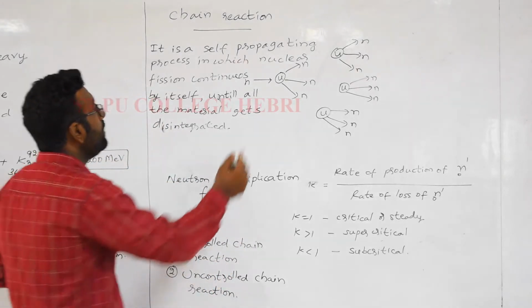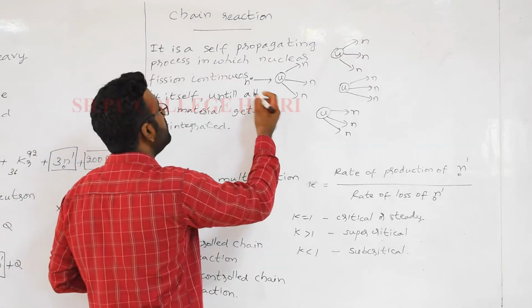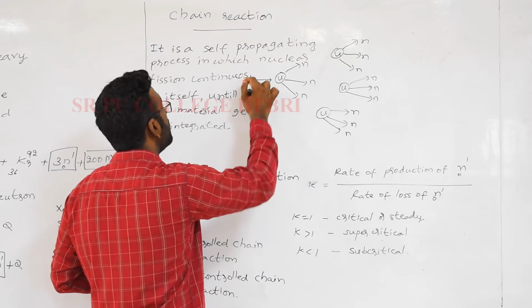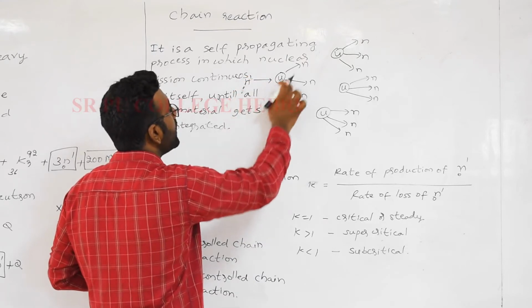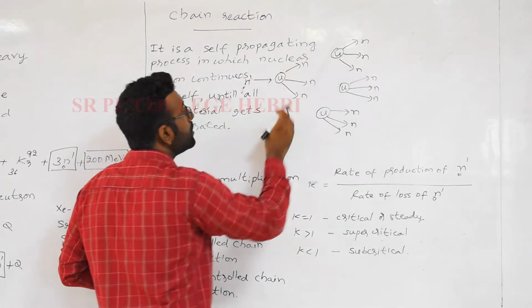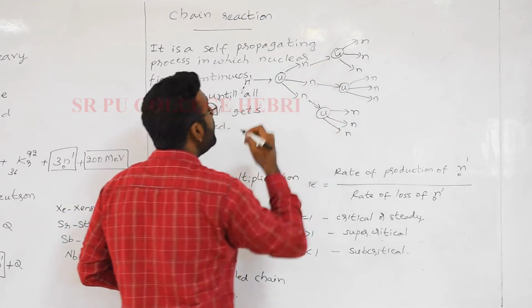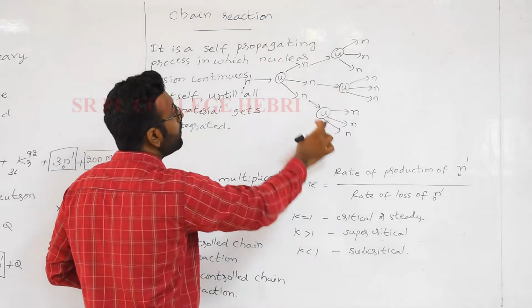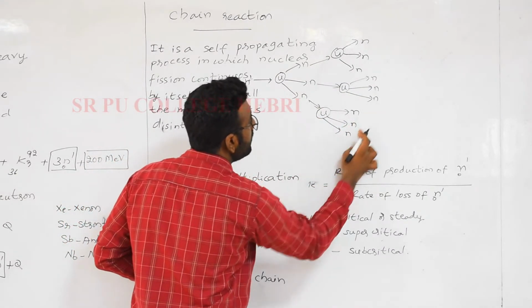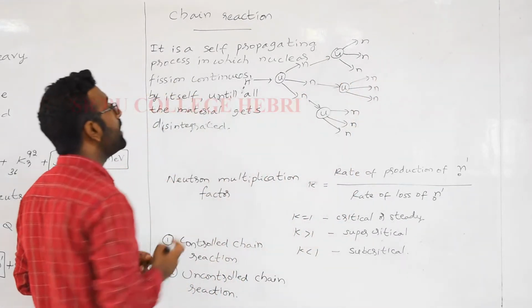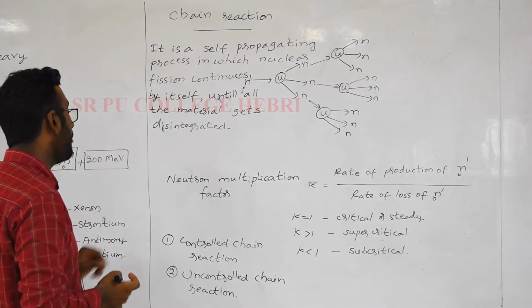So we can see here, say 1 neutron comes, then it bombards the uranium-235. Here you get 3 neutrons. These 3 neutrons are going to bombard 3 more uranium nuclei. Here again you are getting 3 for each uranium nucleus.